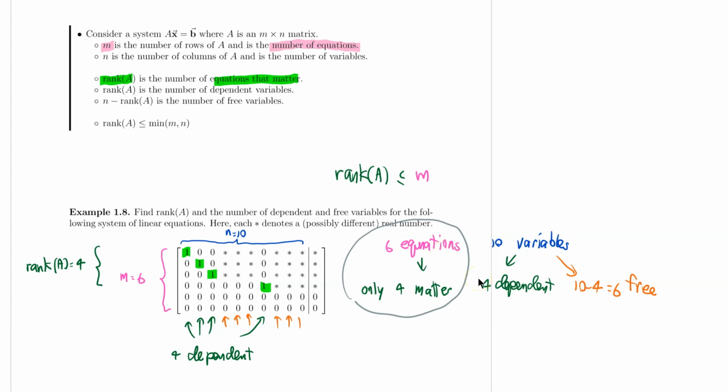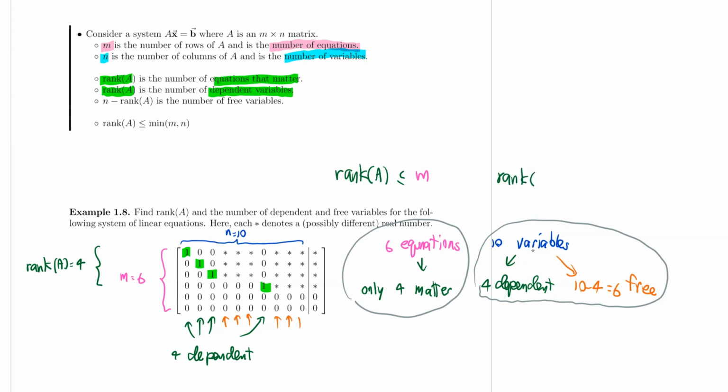And we also see from the latter half that the rank of a matrix is also the number of dependent variables, and that cannot exceed the number of all variables that we have to begin with. So the value n here is the number of variables, while the rank is just the number of dependent variables. So what that means is the rank of a matrix has to be less than or equal to n as well.